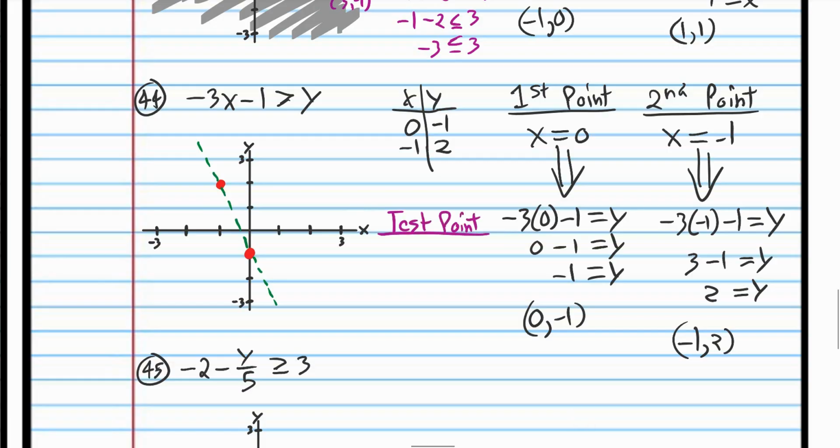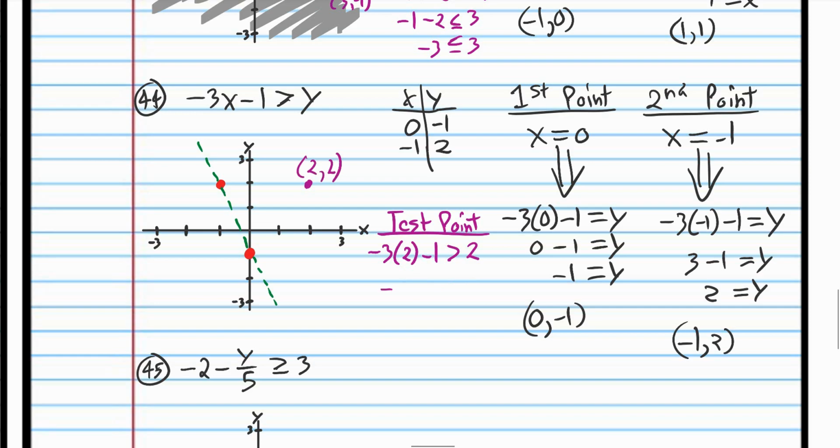Let's choose 2, 2. It doesn't really matter what point you choose as long as it's very, very far from the line. So now we have negative 3 times 2 minus 1 is greater than 2. Again, I chose these values for x and y, 2, 2. I'm going to label that.